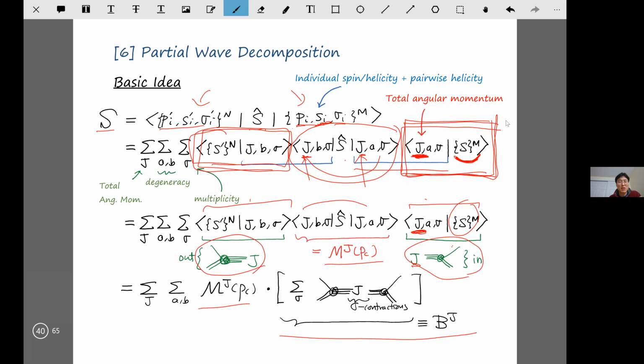In fact, you can show that the base amplitude constructed as a product of these two does satisfy this property, and it is correctly constructed such that it is uniquely the total angular momentum J basis. Okay, good.